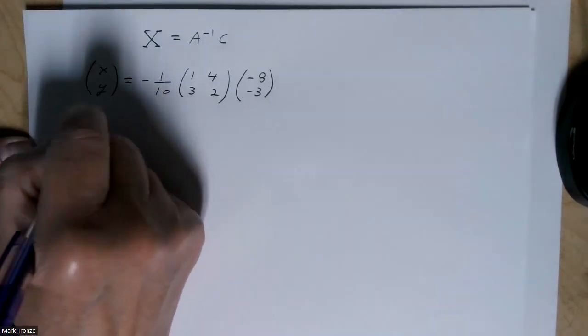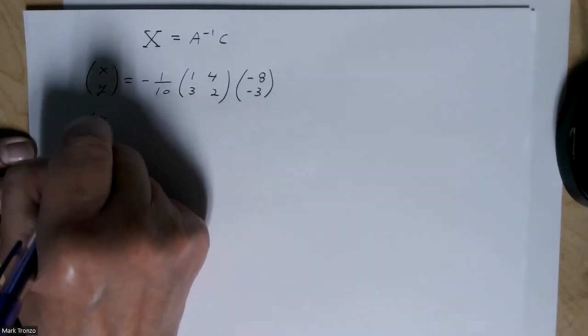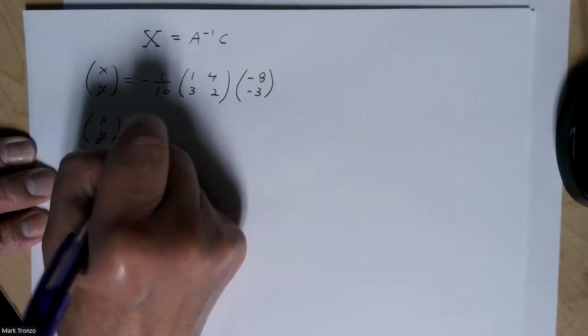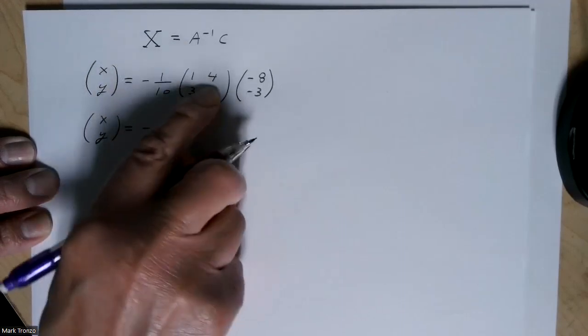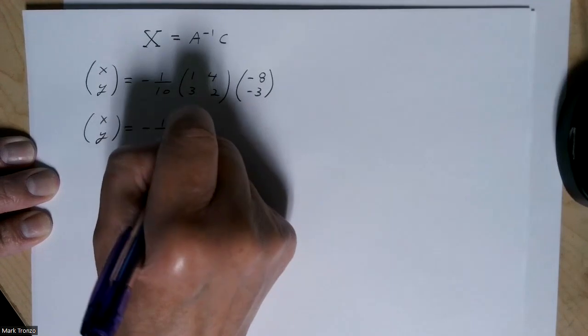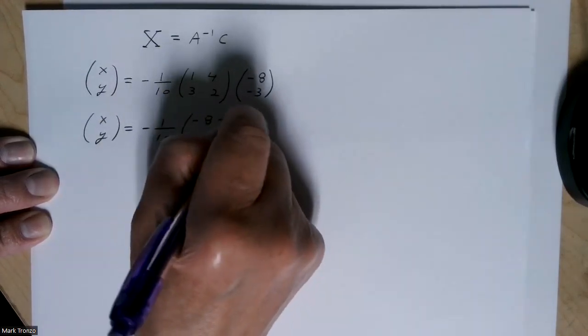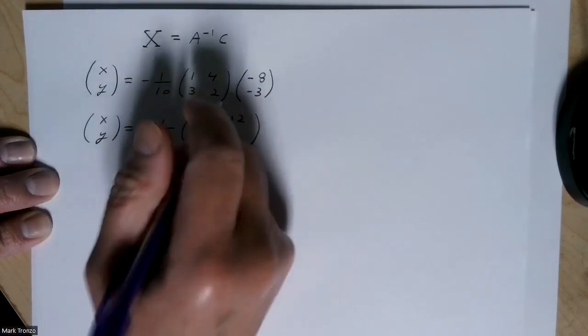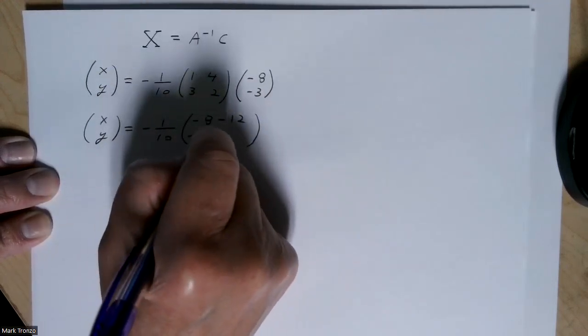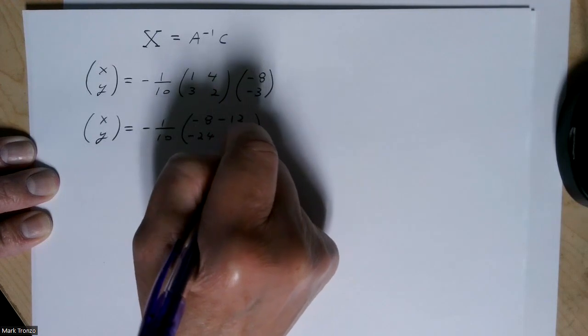And go ahead and multiply these out. This is going to be minus 8 minus 12, minus 24 minus 6.